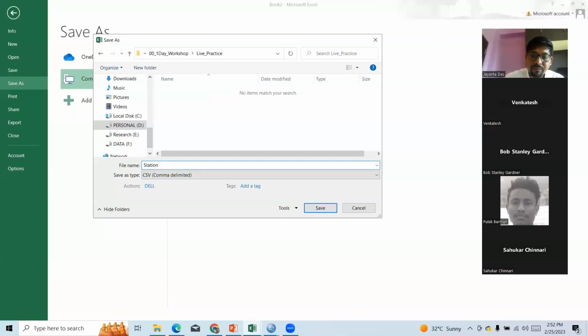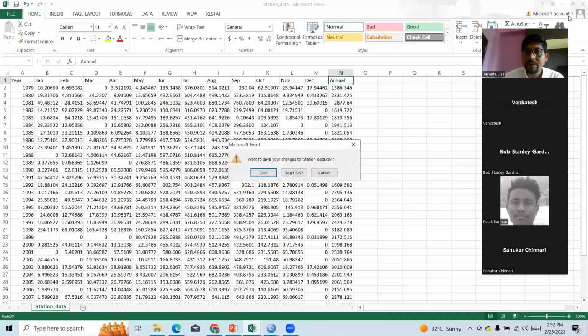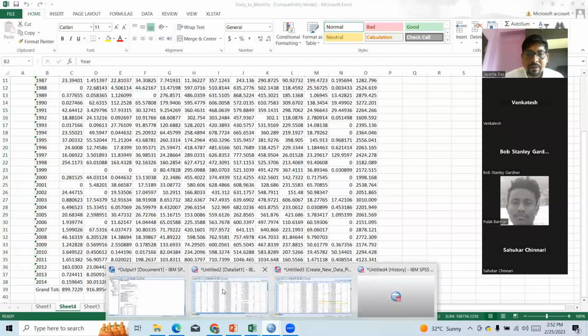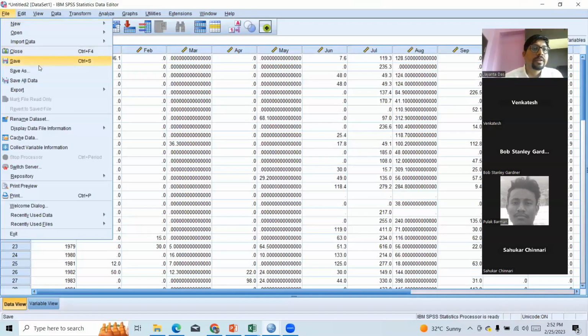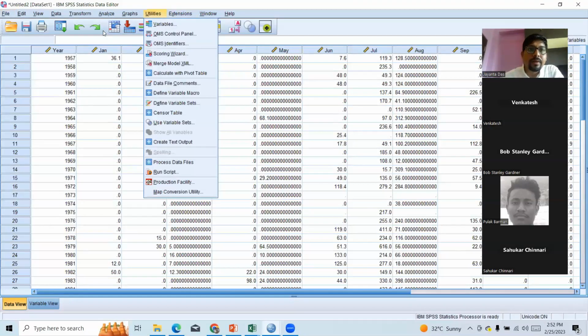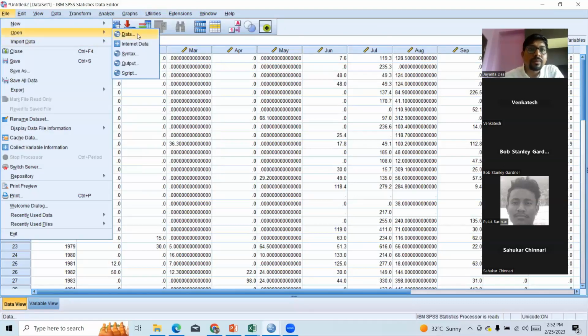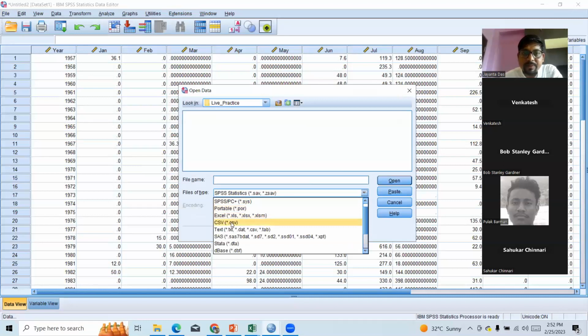Station data. Yes. Close this data set. Now go to File and here Open, and data. Now we have to change the file type again, this time CSV.